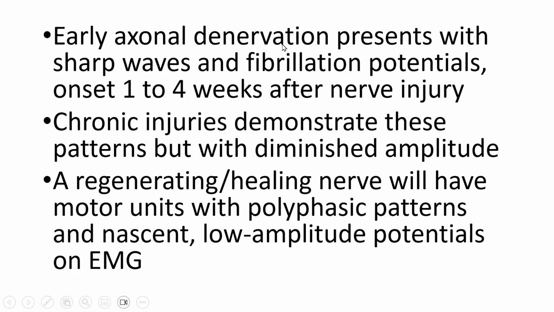The onset is 1 to 4 weeks after nerve injury. Chronic injuries demonstrate these patterns with diminished amplitude. A regenerating healing nerve will have motor units with polyphasic patterns and nascent low amplitude potentials on EMG.